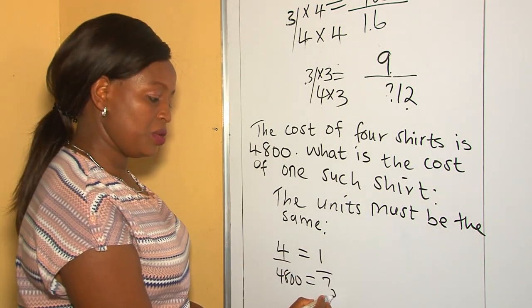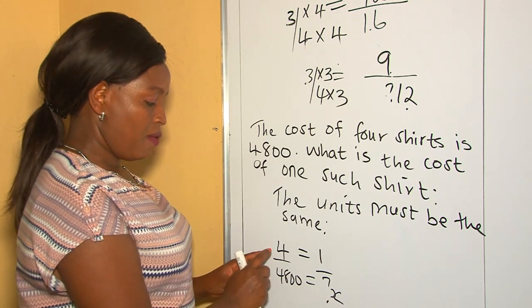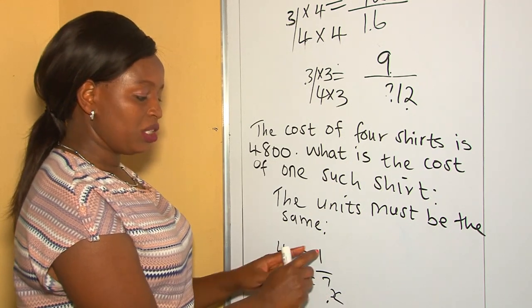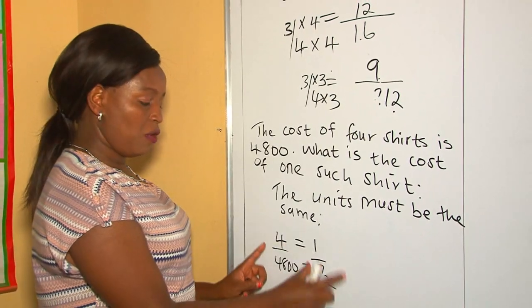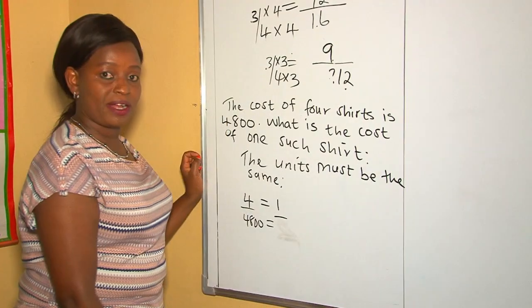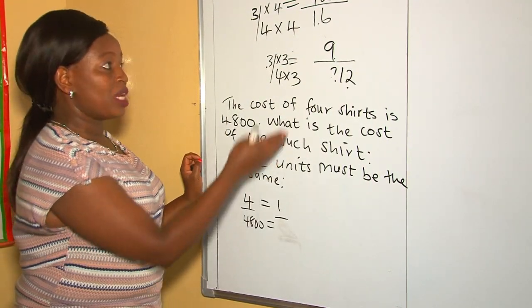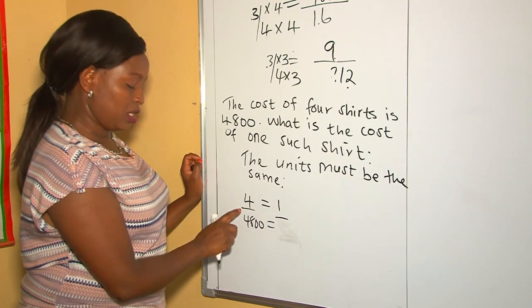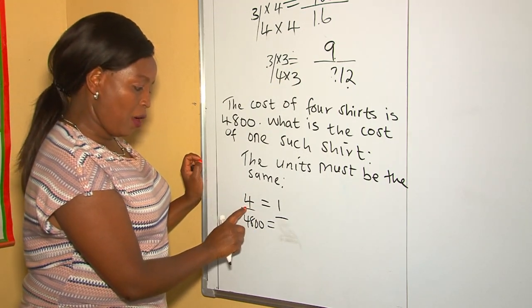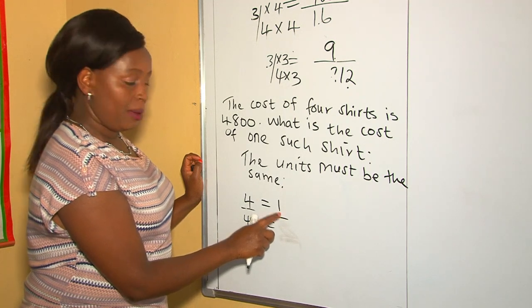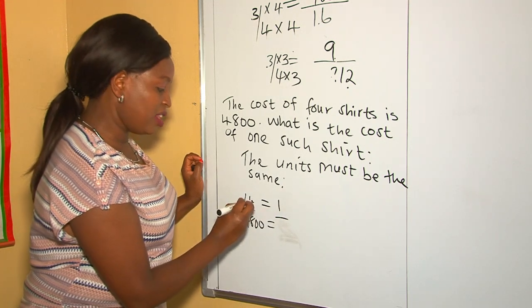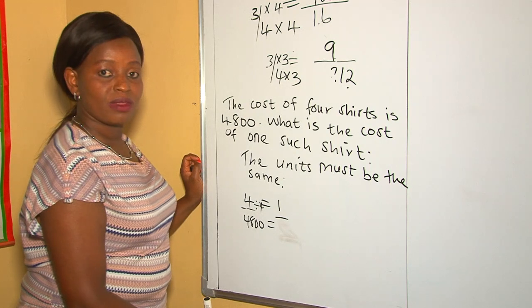We are looking for the value that we don't know here. Because 4 shirts cost this, what will be the cost of 1 shirt? This formula is that of equivalent fractions. As we said initially, you ask yourself, what did they do to 4 to become 1? For 4 to become 1, they divided by 4.